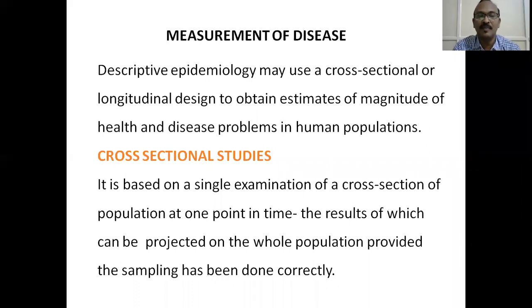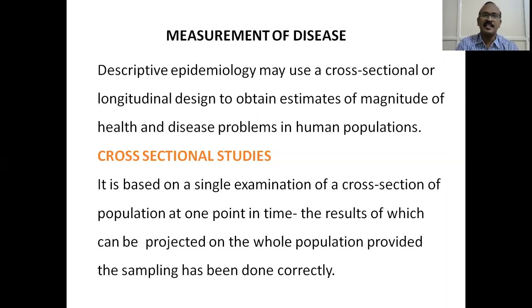This can be understood by various indicators of health, like indicators of morbidity and mortality. Indicators of morbidity, mainly incidence and prevalence, are often used by epidemiologists to measure disease in a particular area or community. Descriptive epidemiology may use a cross-sectional or a longitudinal design to obtain estimates of the magnitude of health and disease problems in human populations. For this, they use either cross-sectional studies or longitudinal studies.